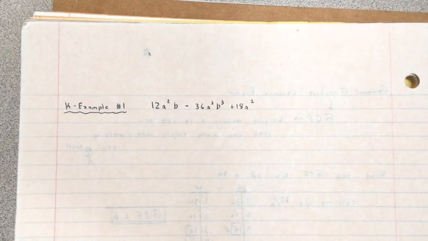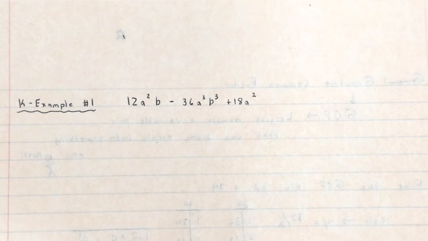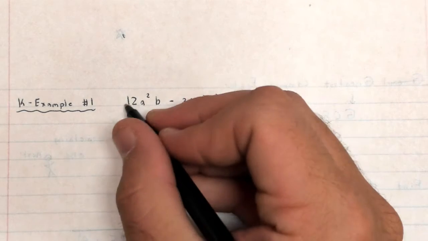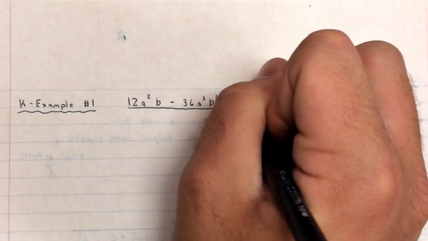Again, I'm going to go through and see if I can find the biggest variable exponent combination along with my coefficients, my numbers. So let's start with the numbers first.